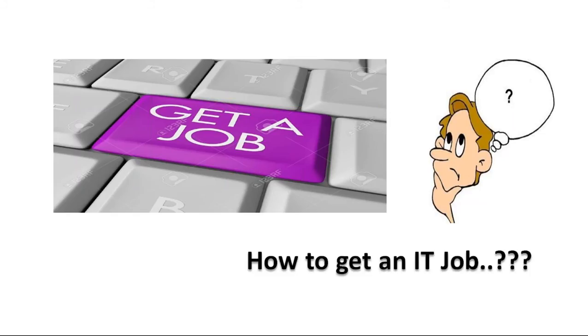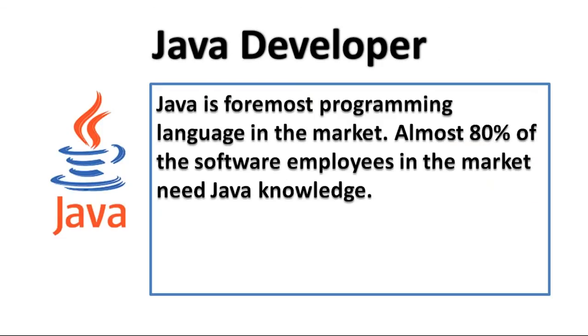But now let's try to understand the course which we are learning right now. Is it going to make you get an IT job or not? Let's try to understand if we can get an IT job by learning this course. See, we are learning Java. So basically we learn Java to become what? A Java developer. Somebody who can write logics or code in Java will become a Java developer.